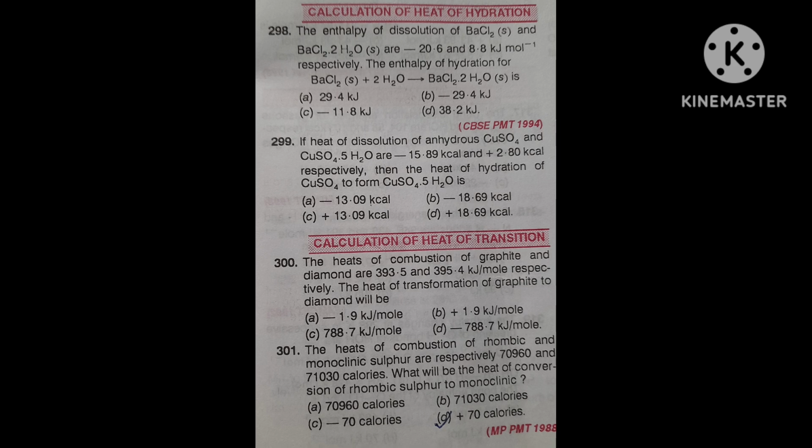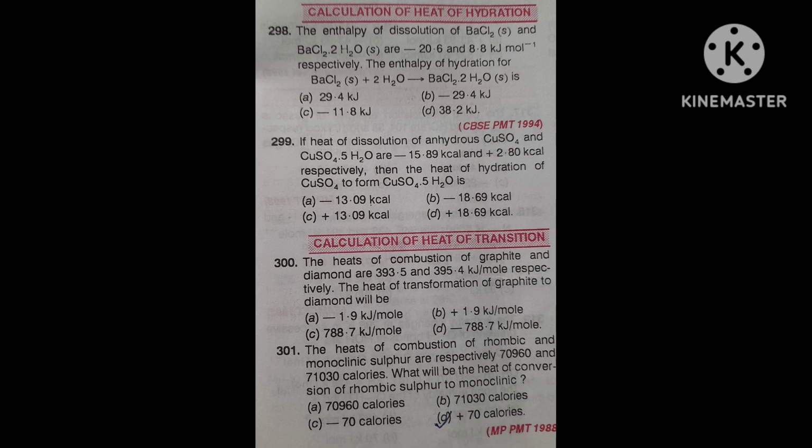The enthalpy of dissolution values are given: for barium chloride solid it is minus 20.6, and for barium chloride 2H2O it is 8.8 kilojoule per mole. Now I am telling how you will calculate the enthalpy of hydration.